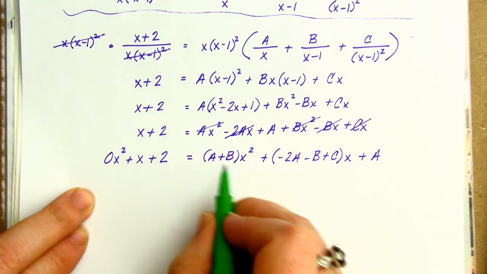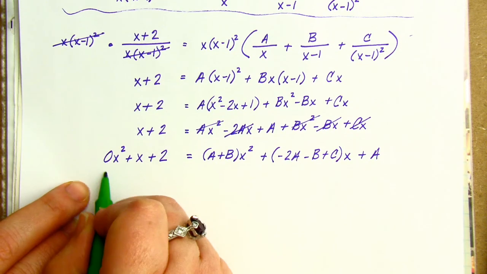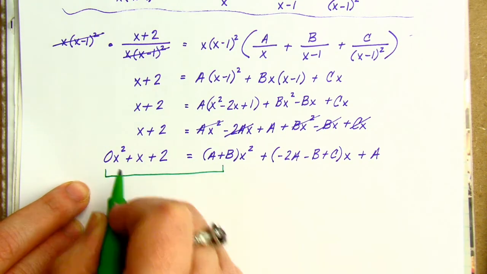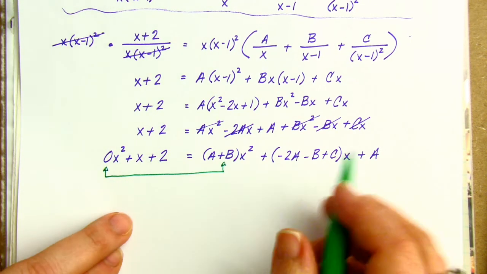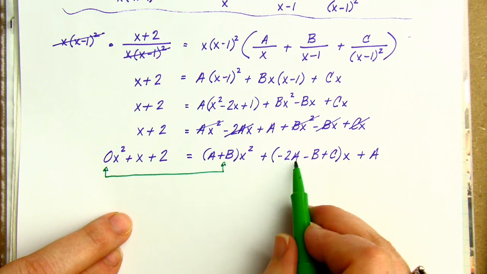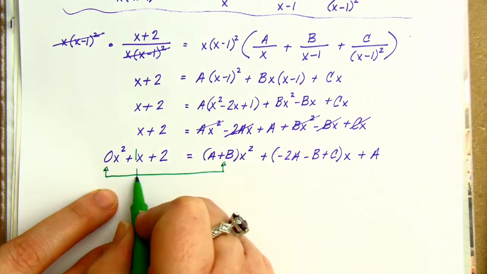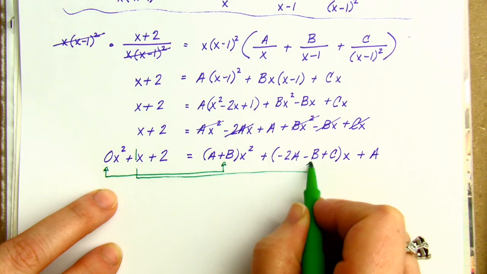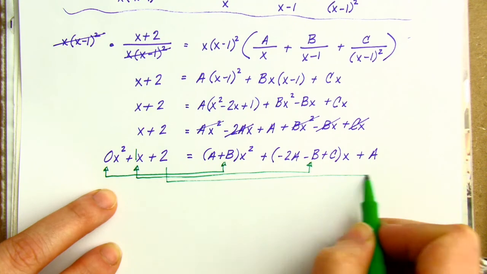So a plus b times x squared must be equal to 0 times x squared. So a plus b equals 0. Negative 2a minus b plus c has to equal 1. And a is 2.